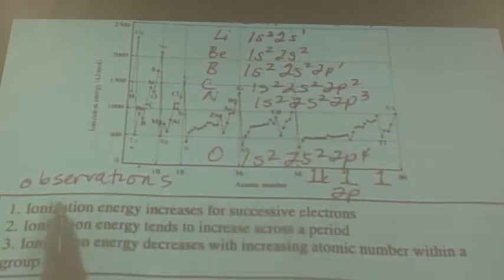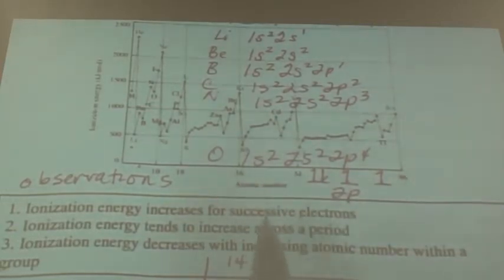I'm sorry, this was not generally, this is absolutely. Ionization energy decreases with increasing atomic number within a group. What does that mean? Let's look at group 14. The ionization energy as you go down group 14 decreases. Why is that?